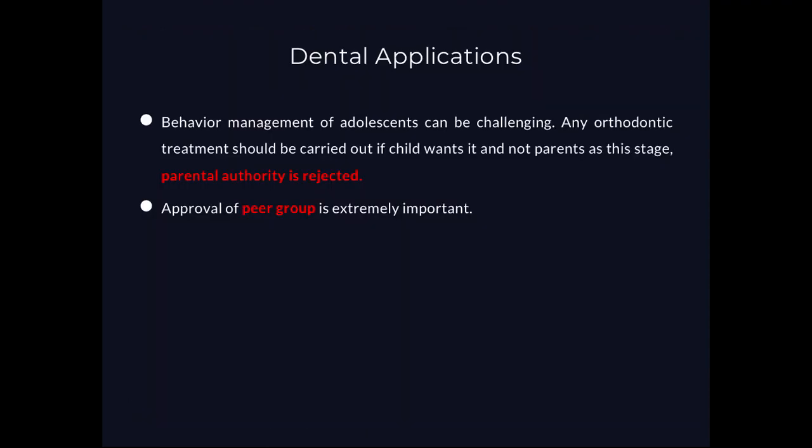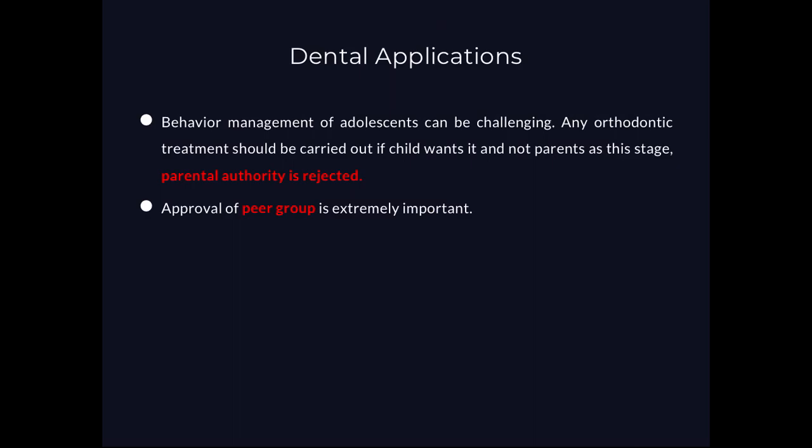Now what are the dental implications? Since the child is in adolescence, the first thing is that the approval of the peer group is very important. The child is more worried about what his friends will say, how his peer group is going to react to his actions.